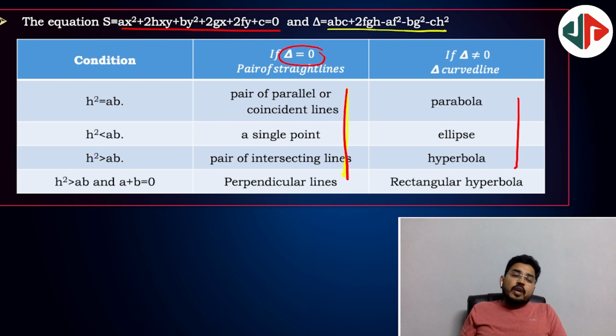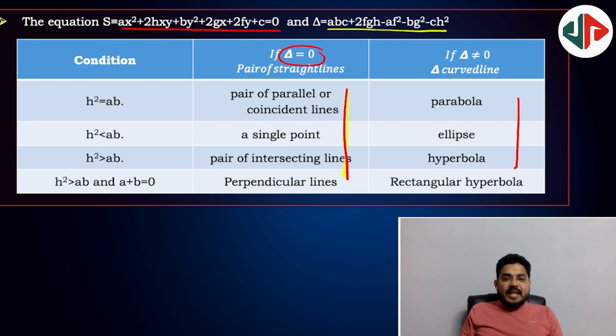Okay. So the first thing we need to do: if h square is equal to ab and delta is equal to 0, it is a pair of parallel lines or a pair of coincident lines, and if delta is not equal to 0, it's a parabola.